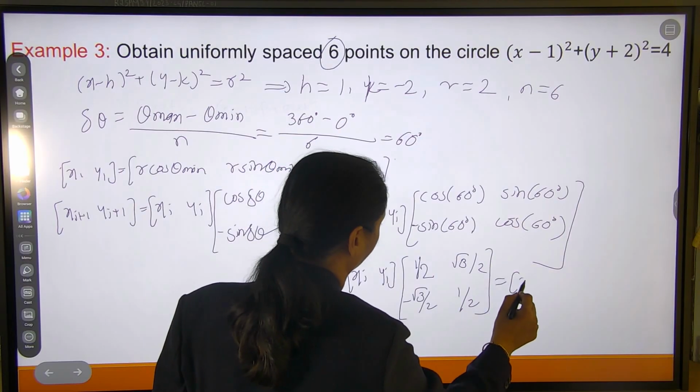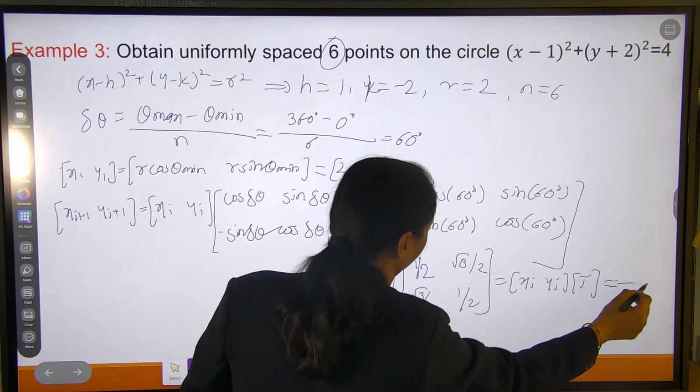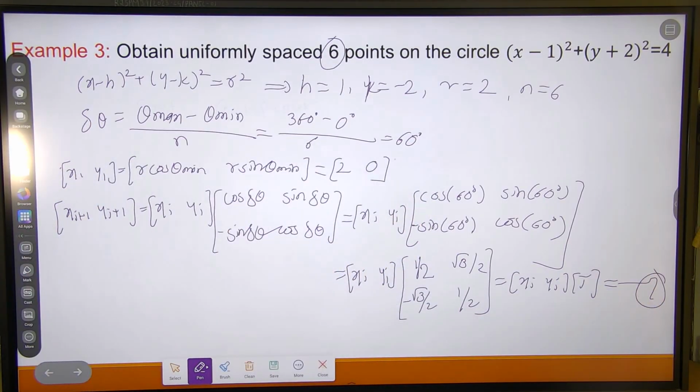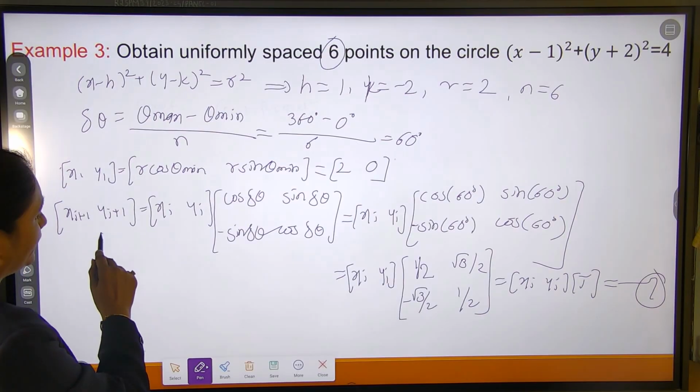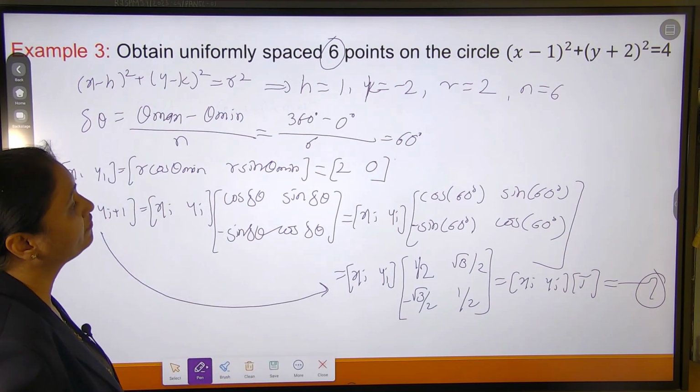Suppose this is t, and this is equation 1. So this is our recursive formula to generate the remaining 5 points.